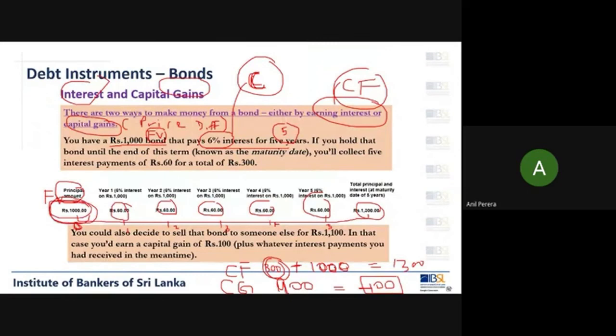You buy 1000 today at a particular interest rate. If the interest rate goes up in the future, this 1000 will be less valuable in the future. Now don't ask me why. To show that, we have to do some calculation which is not under our discussion. Bond valuation we don't do. If you do a bond valuation using the bond valuation formula, when the interest rate is changing, this 1000 is changing. If the interest rate increases, this 1000 would become 900. If interest goes down, this would become 1100.